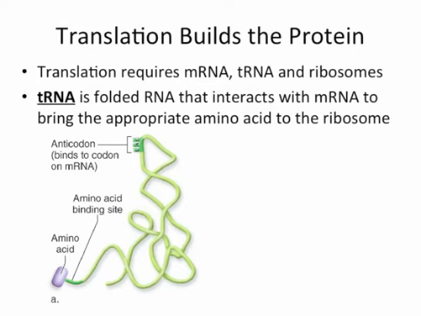So we have an anticodon on the tRNA, we have a codon on the mRNA, and each tRNA will have a specific amino acid, and anyone have their chart out in front of them or just know off the top of their head what the codon AUG codes for? AUG is the start codon. Yeah, methionine. So this would be met here.